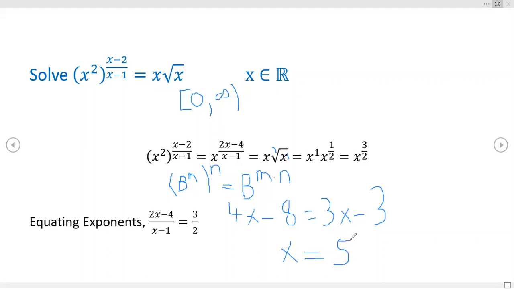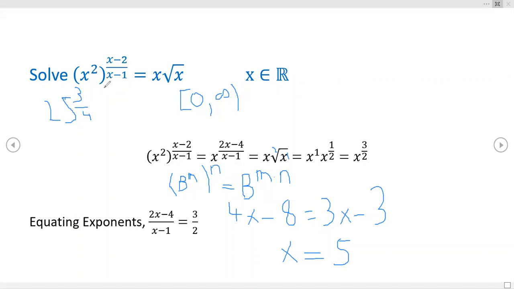Now, this one isn't too hard to check. Let's take that back to the original and see what we get. If you put 5 there, you get 25, raised to the 3/4.